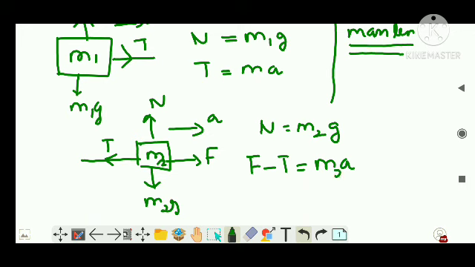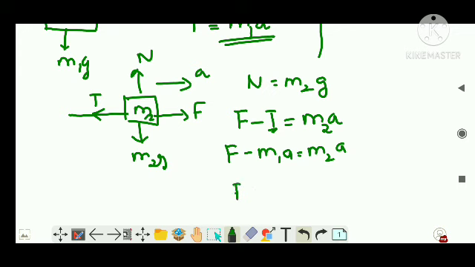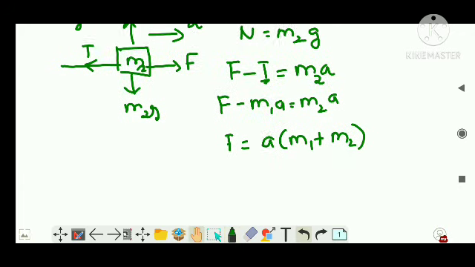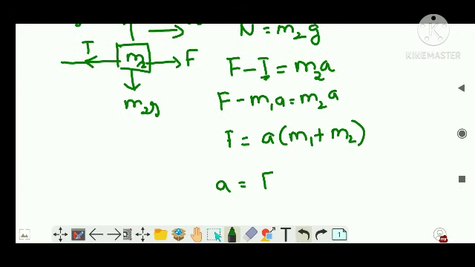Now in place of T, I am going to write m1a from the previous section, so it becomes F minus m1a is equal to m2a, or I can write F is equal to, a can be taken as common, a into m1 plus m2, or I can write acceleration is equal to F divided by m1 plus m2.